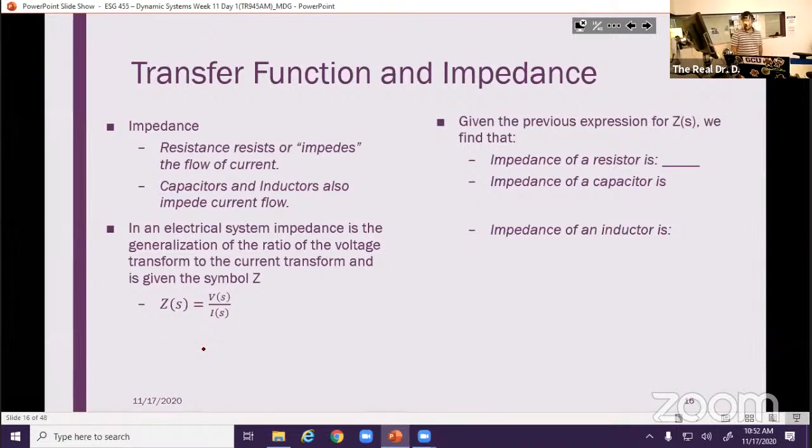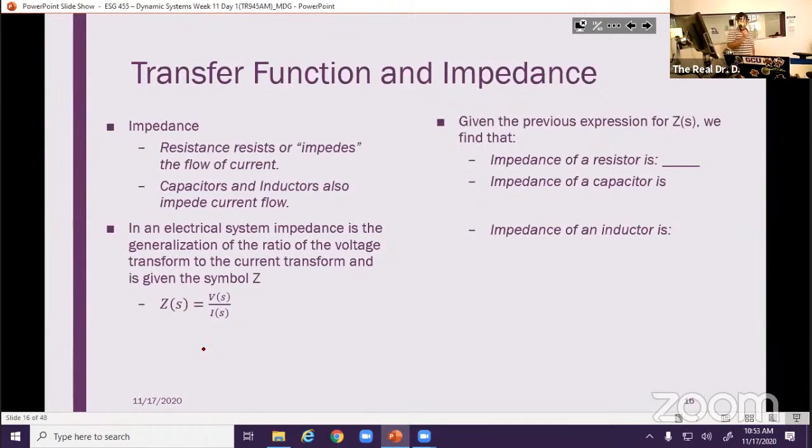Specifically in an electrical system, impedance is the generalization of the ratio of the voltage transform to the current transform, given the symbol Z. So the impedance is Z, and Z is the voltage divided by the current. In the Laplace space, look, those have S's in them. This is not time domain. This is the Laplace transform, right?